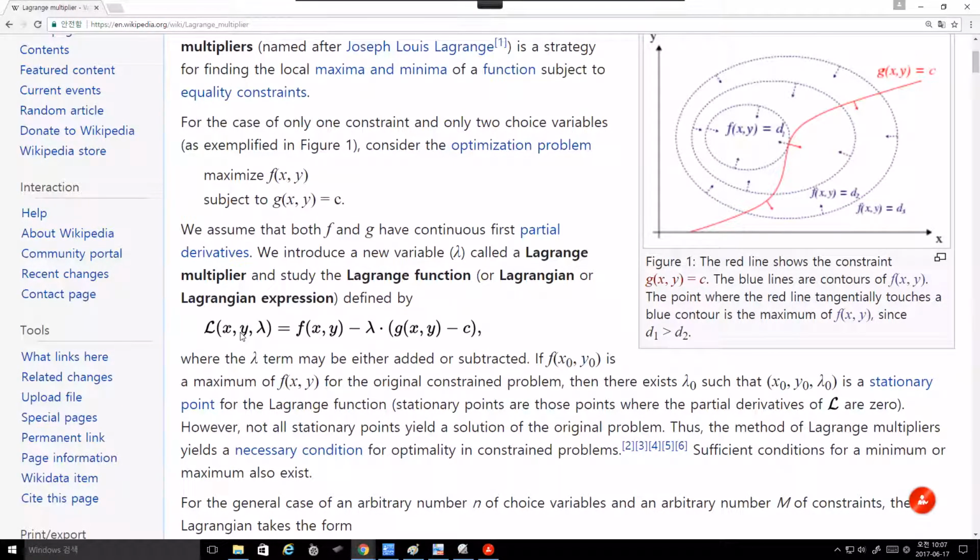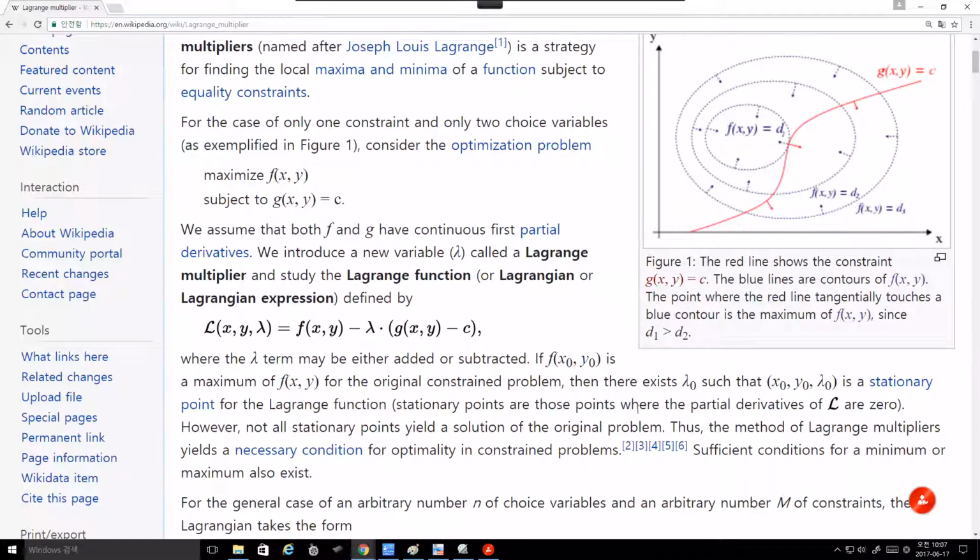So (x0, y0, lambda 0) is a stationary point for the Lagrange function.